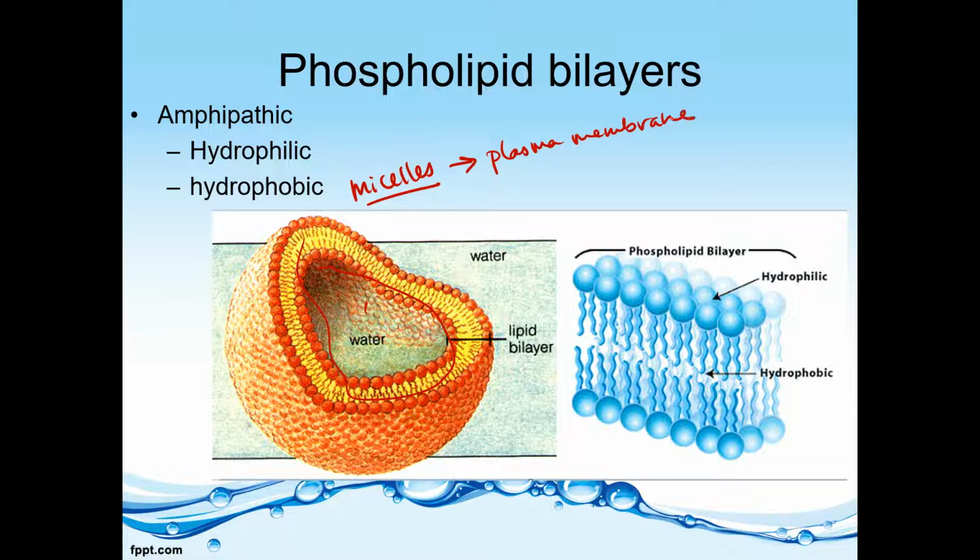Soap bubbles will also form these micelles, because a soap molecule usually has some kind of sodium or potassium ion on one end, which is hydrophilic, and then fatty acid chains, lots of carbons and hydrogens, on the other side, which is hydrophobic.